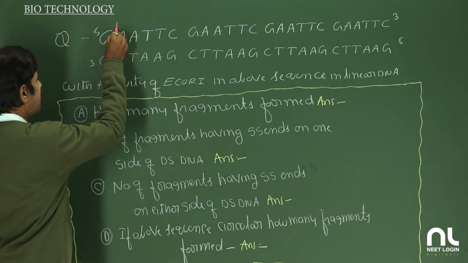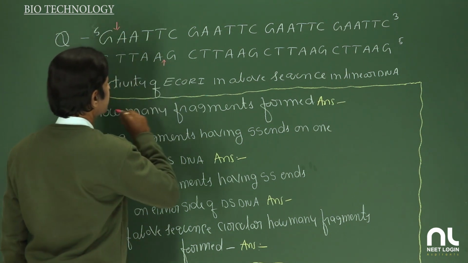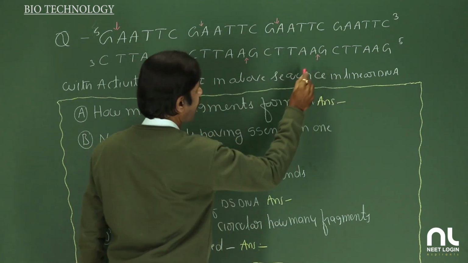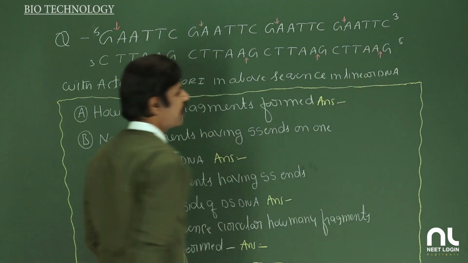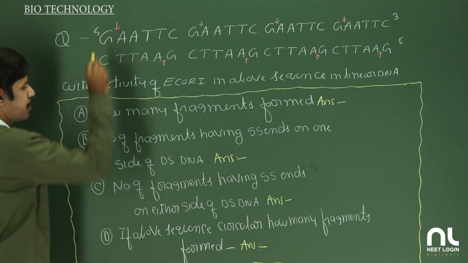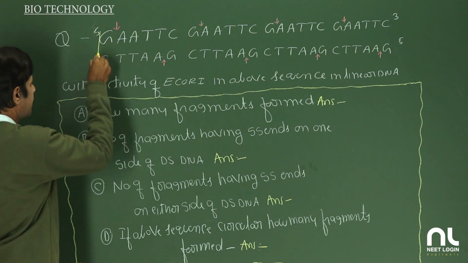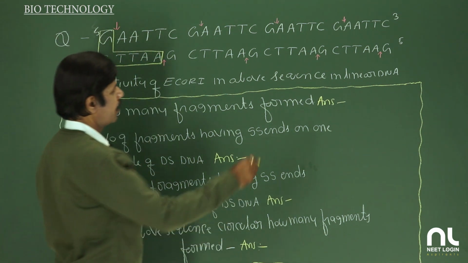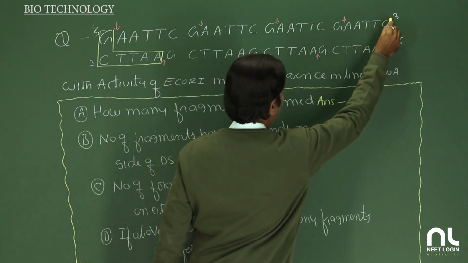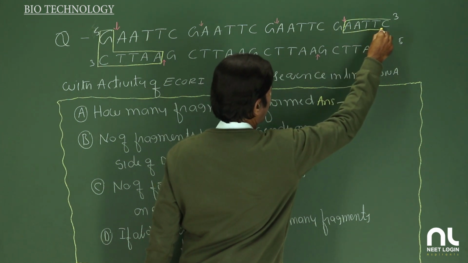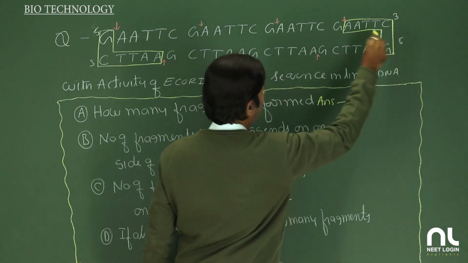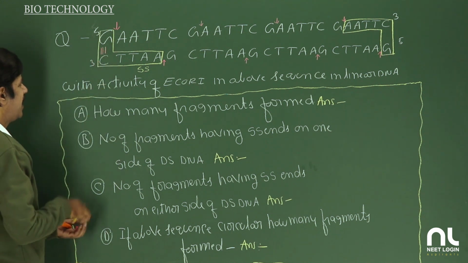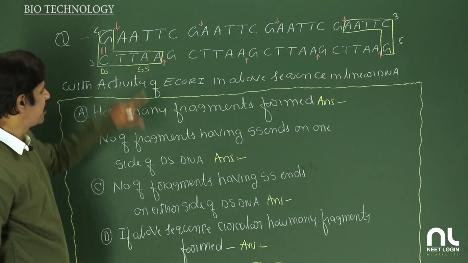EcoRI will act between G and A, and the phosphodiester bond breaks, so it is single strand and it is double strand. At the end of the double strand, there is a single stranded fragment.